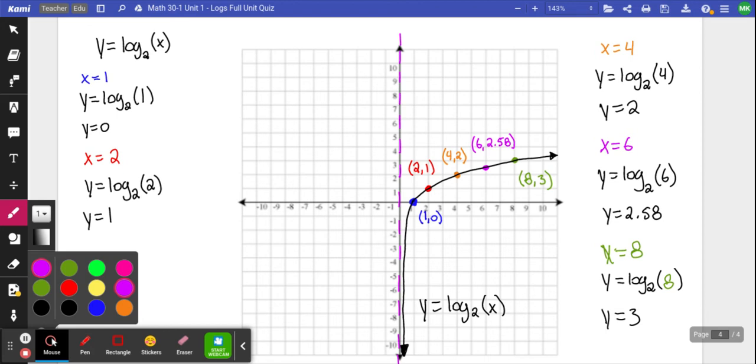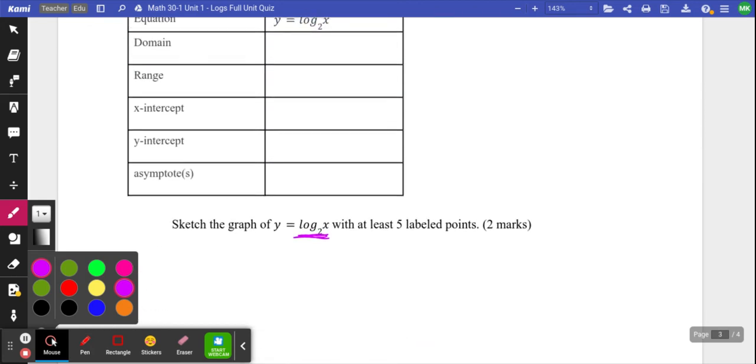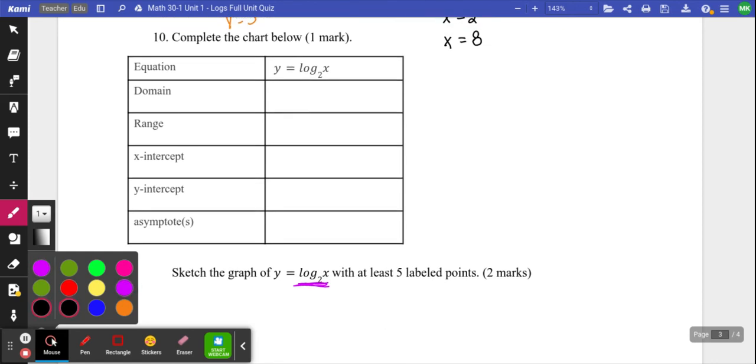Beautiful. With that graph, let's go and answer our domain, range, all that jazz. So the domain of that thing would be x values such that x is greater than 0, comma, x is a real number. What that means is that x could be any value bigger than 0.